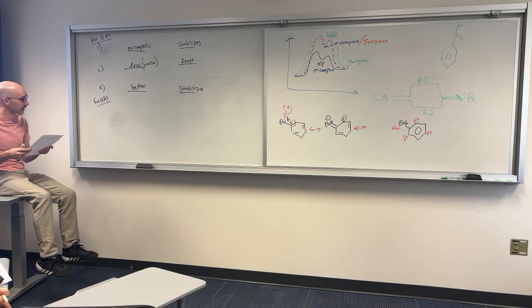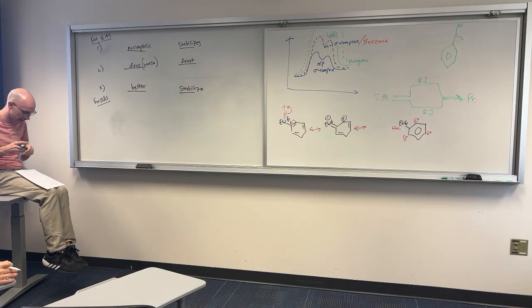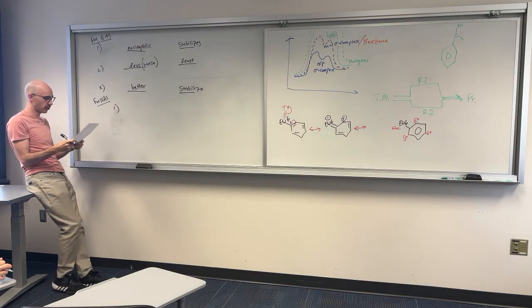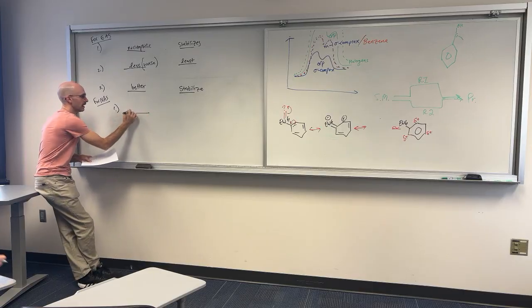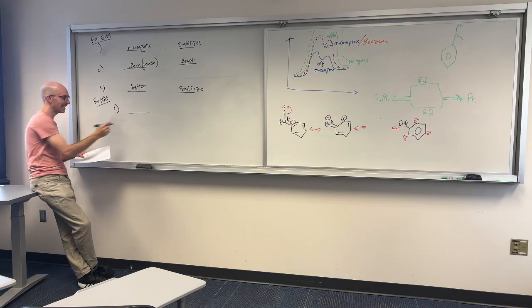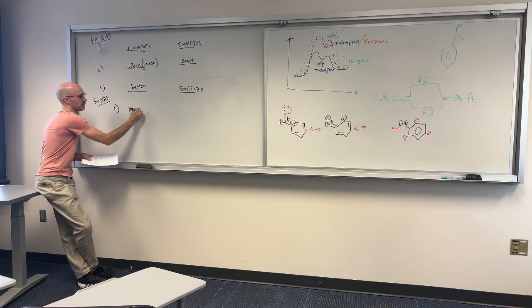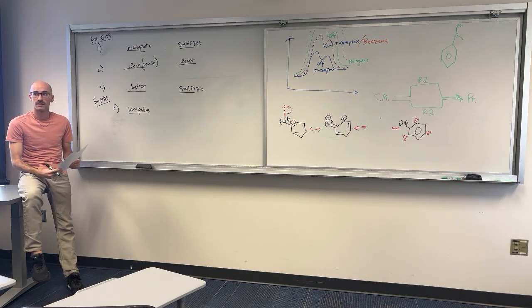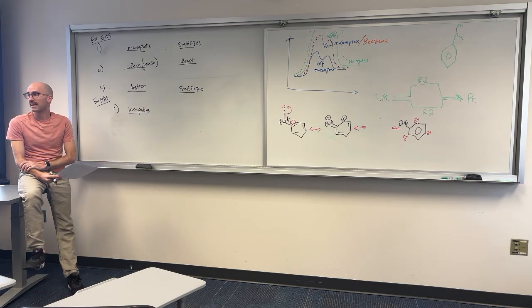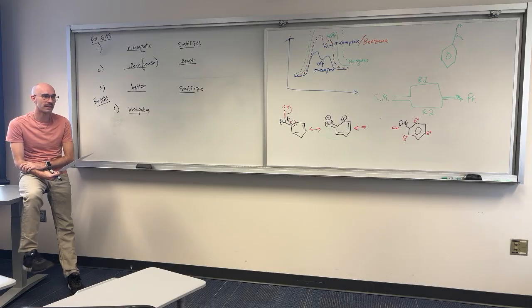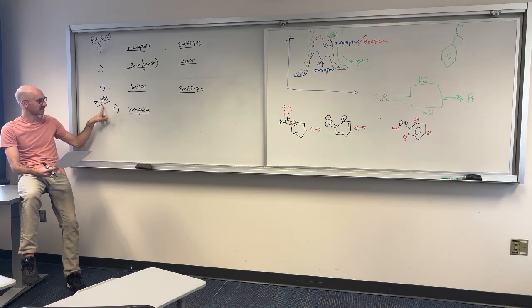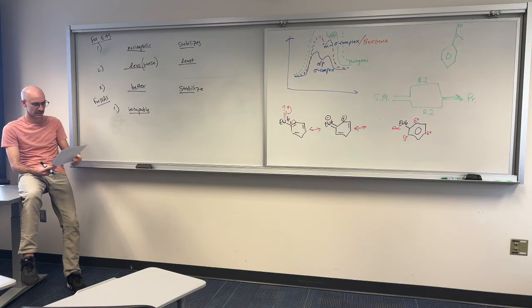For NAS, if we're looking at those last three lines, things are going to flip. Electron donating groups make the ring incapable. Whoa, now that's a twist. Electron donating groups make the ring incapable of being an electrophile, sorry, because it's NAS, the ring has to be attacked.